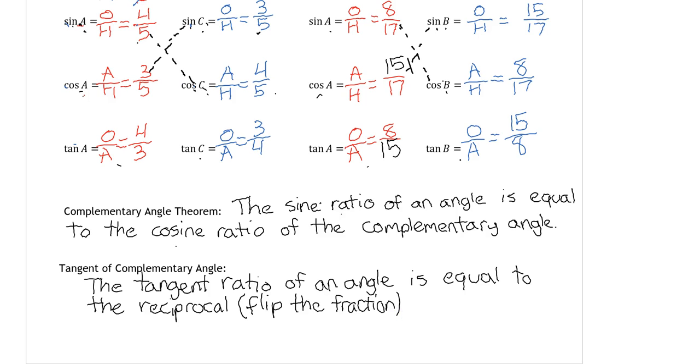So it's the tangent ratio of an angle is equal to the reciprocal of the tangent ratio of the complementary angle.